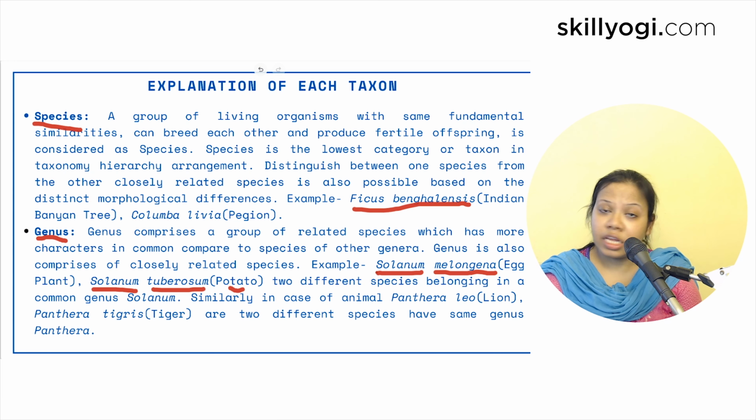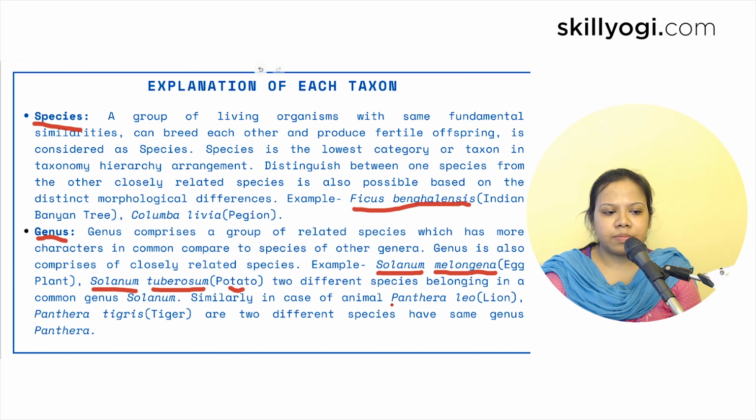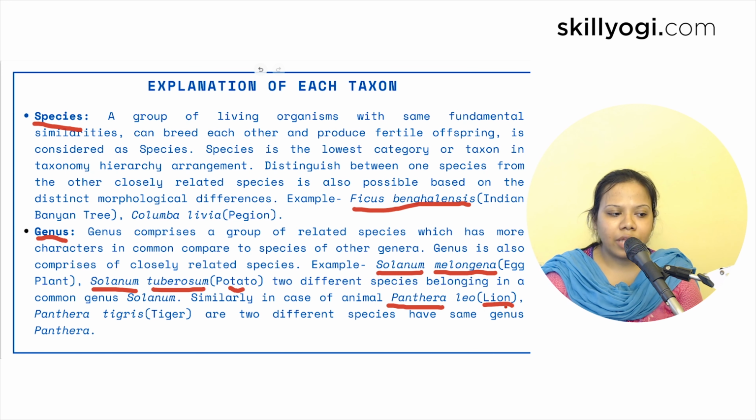In case of plants and in case of animals, different types of genera are present. Here the genus is Panthera. In this genus Panthera, the species lion is present.